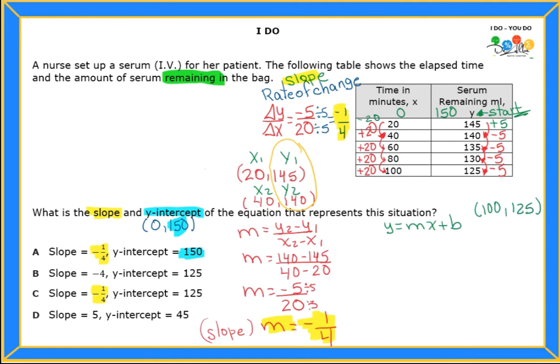Just to prove to you that it doesn't matter the point. This is my x and 125 is my y. So my y value, I'm going to replace it with 125. M, we found it earlier, was negative 1 over 4. X is 100. And I'm going to add a b to that. Is that right?